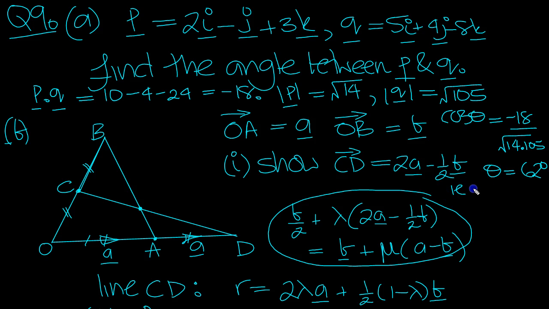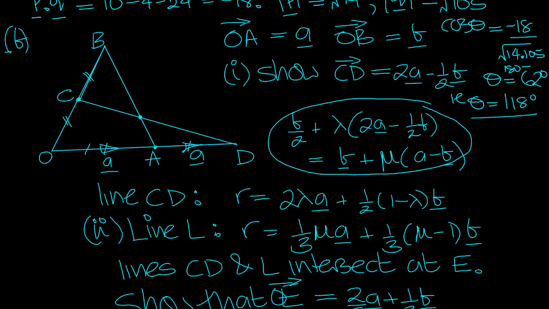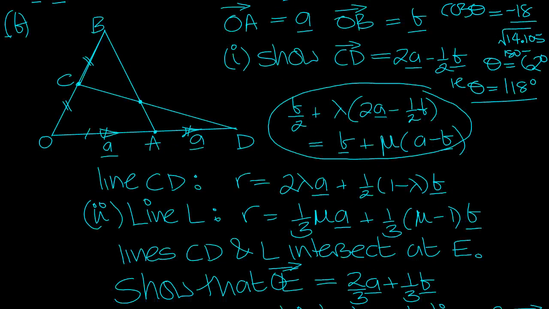So it's an obtuse angle, so it's 180 minus 62, which is 118 degrees. Okay, that's that done then. So let's move on to part B.